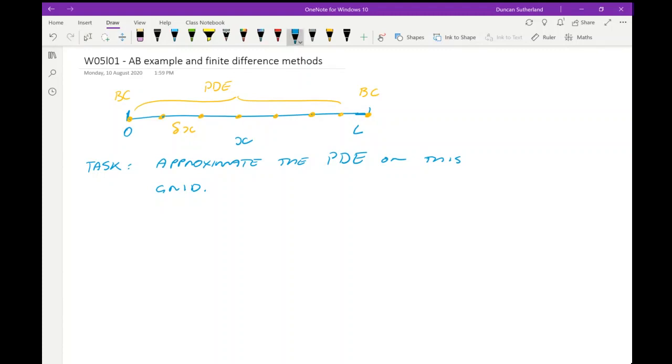What we want to do is say we've got the heat equation. No, let's say we've got Laplace's equation. Laplace's equation on a straight line will become an ODE.